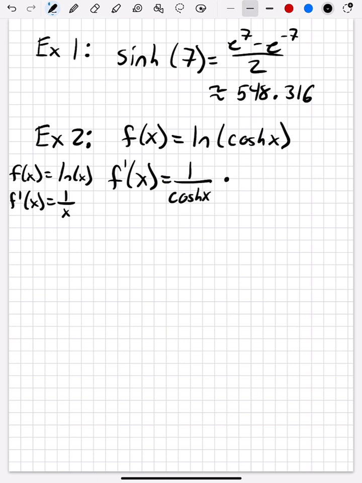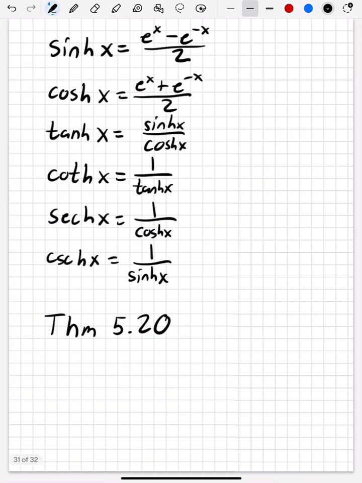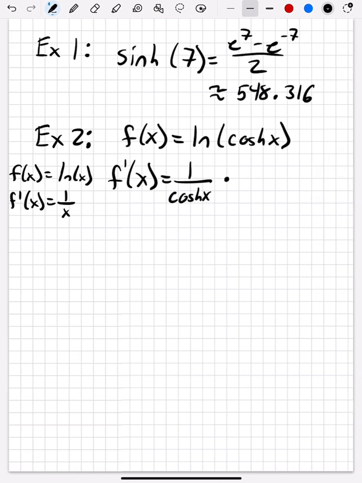However, we have to also attach this derivative. Okay, again, you can find this under theorem 5.20. All right. The derivative of the hyperbolic cosine is just the hyperbolic sine of x. Okay, so it's not the negative sign or anything like that.